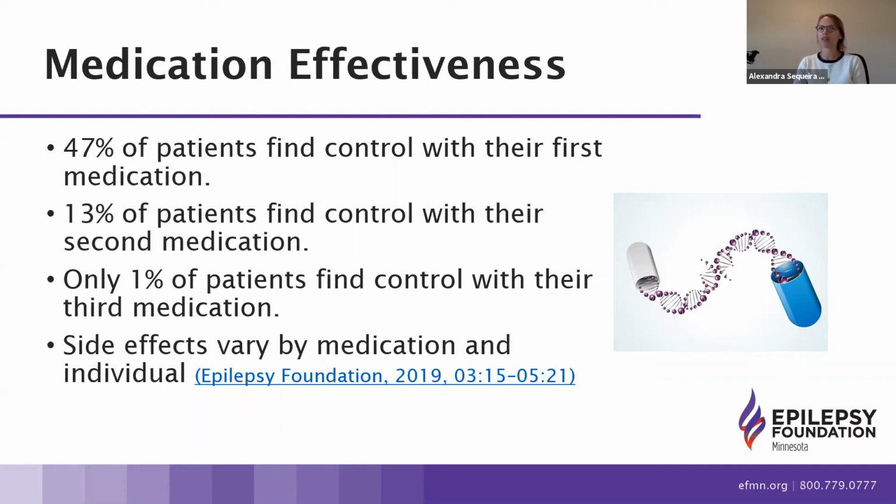Side effects really differ based on the medication and the individual. One individual may have a certain side effect on the same dose of the same medication compared to someone else. So we have to keep this in mind when discussing with the particular individual.